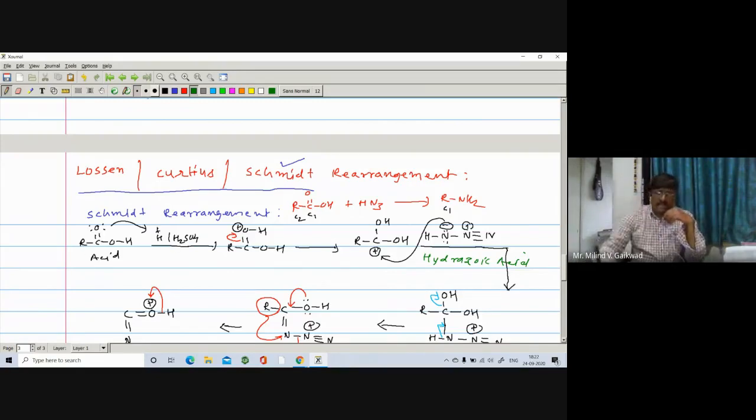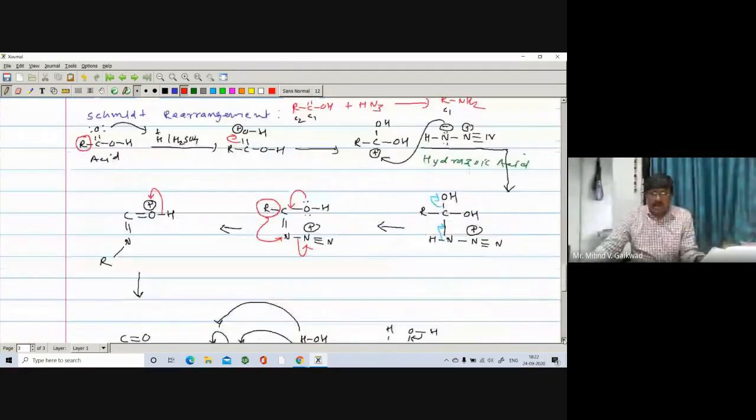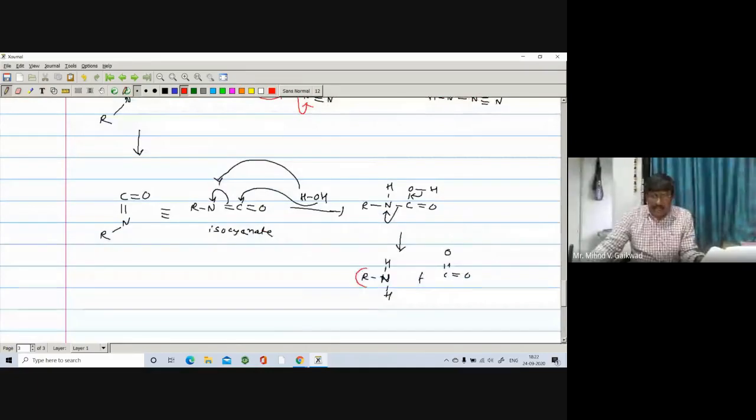Just replace this R by methyl, ethyl or Ph, and we will get the corresponding amine, right? So in this way we have seen the formation of the corresponding amine. Let them give any R you should write. So here the starting compound is acid, reagent is HN3 and H2SO4, and you are having the corresponding amine product, right?